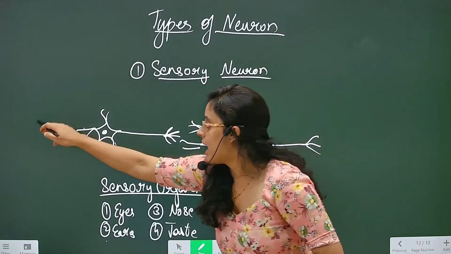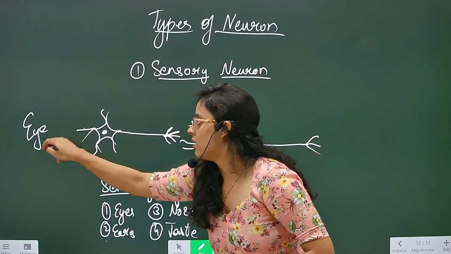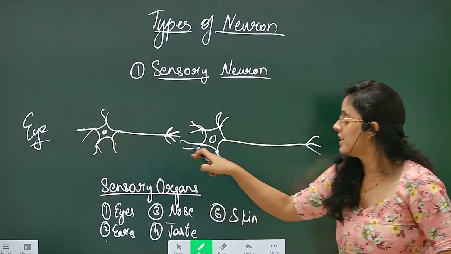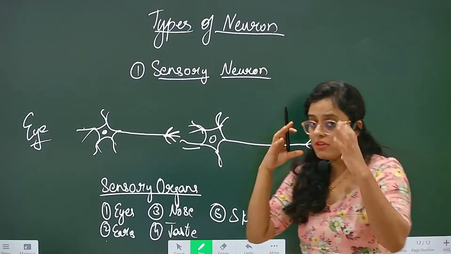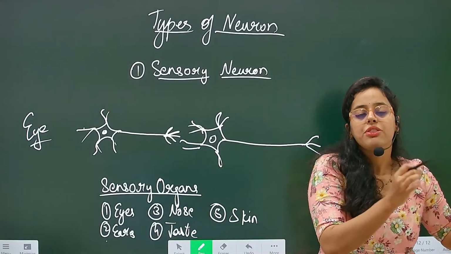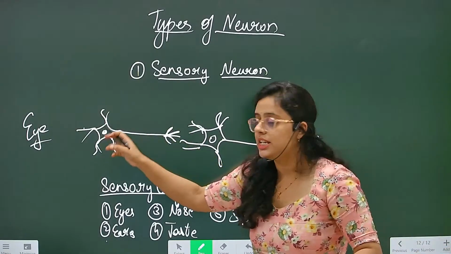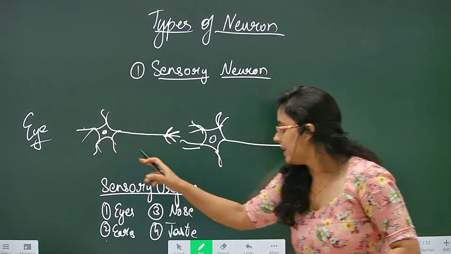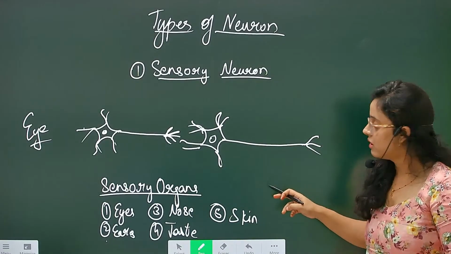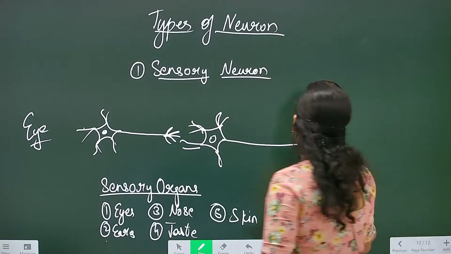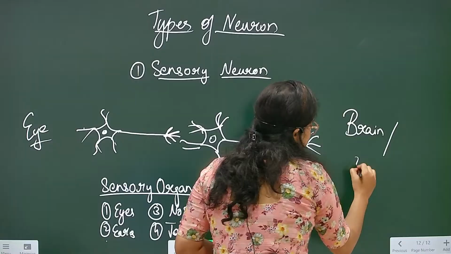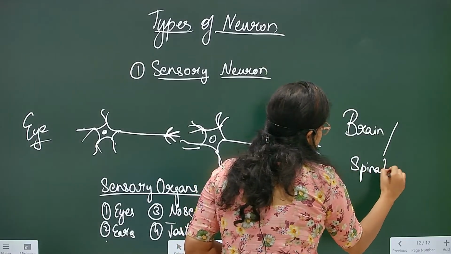So if we have the eyeball, the retina of the eyeball is connected to the sensory neurons. Whatever you see, the image is falling on the retina, and through there the sensory nerves are carrying the image in the form of impulse to the brain, central nervous system, or spinal cord.